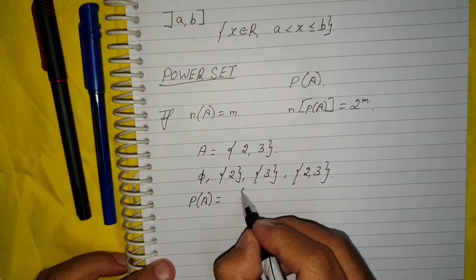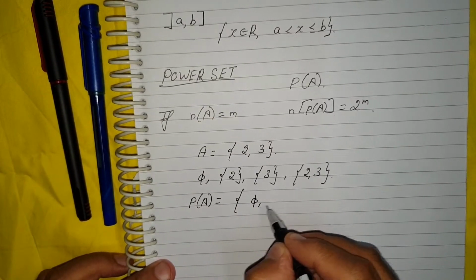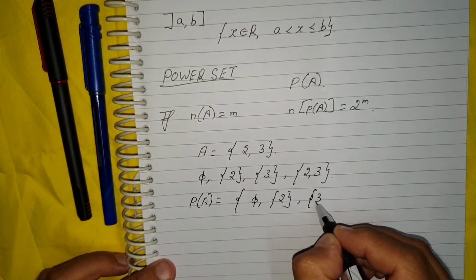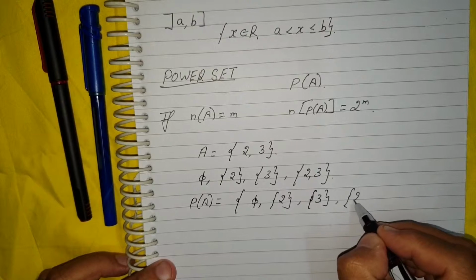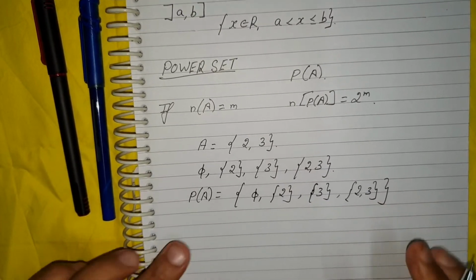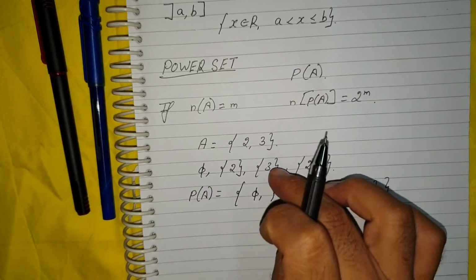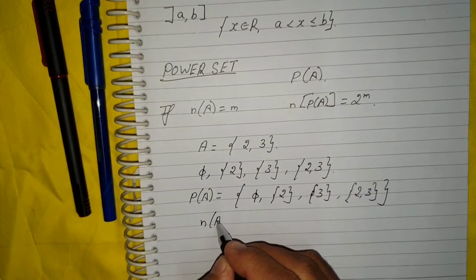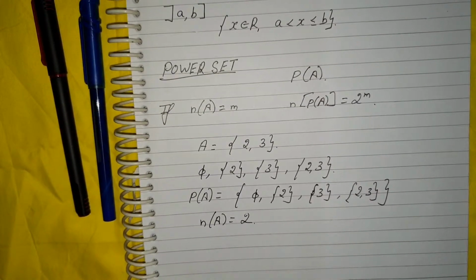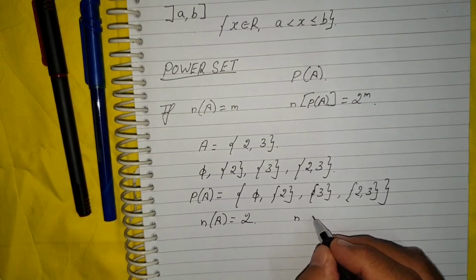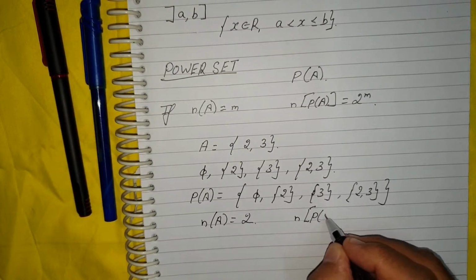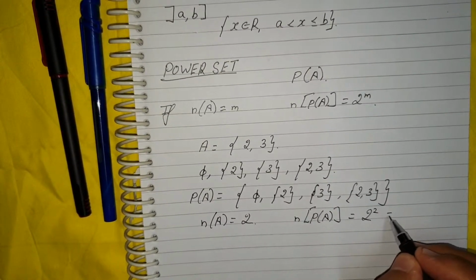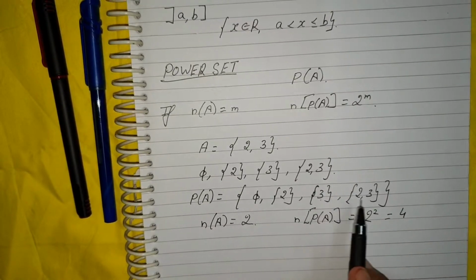Now this is a set containing all the subsets. So this is {∅, {2}, {3}, {2, 3}}. So it's a set containing all the subsets of A. So as you can see, n(A) is 2, and n(P(A)) is how much? 2 to the power 2, that is 4. 1, 2, 3, 4.